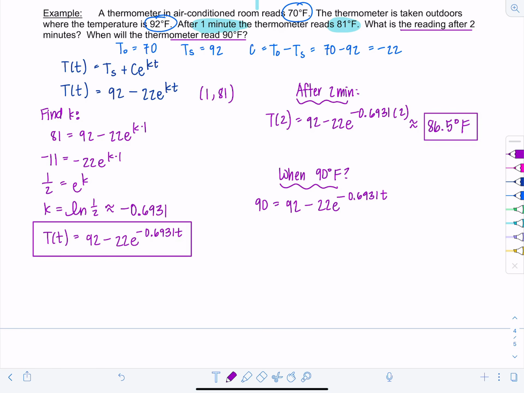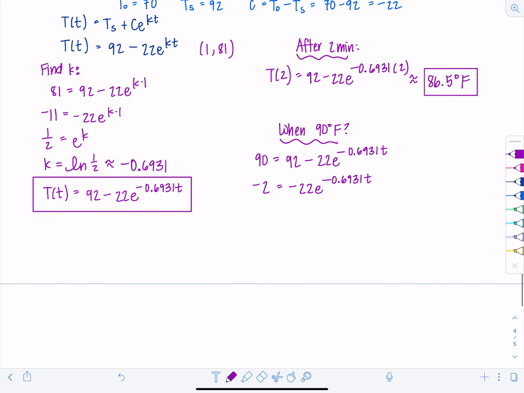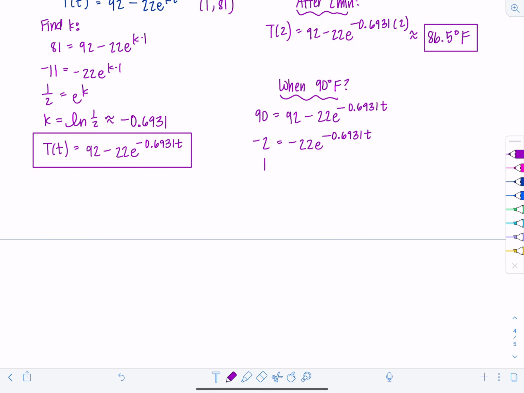What do we do first? Subtract 92. Good. So negative 2 equals negative 22e to the negative 0.6931t. Divide by negative 22, so that's going to be 1 over 11 equals e to the negative 0.6931t.